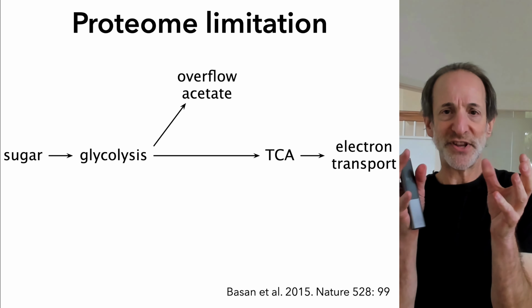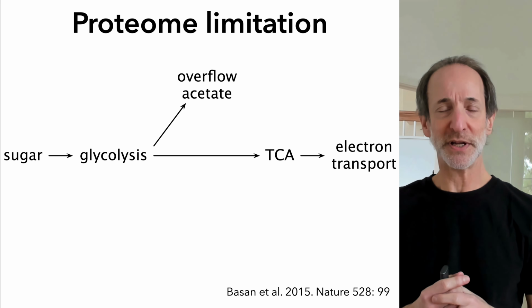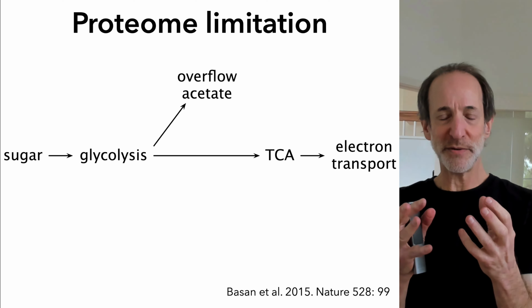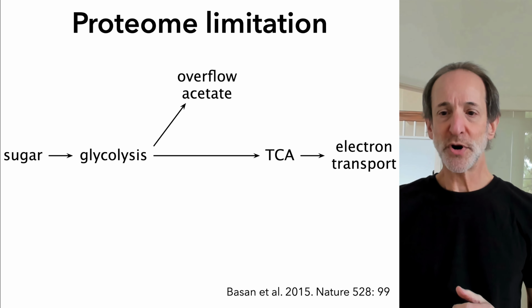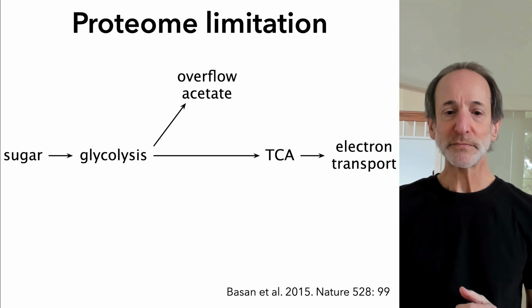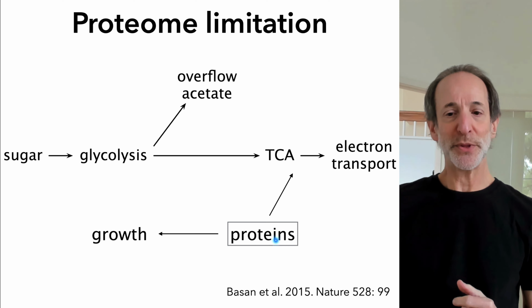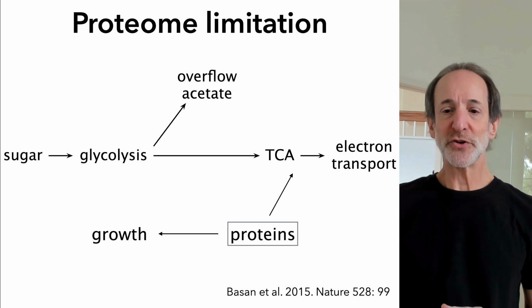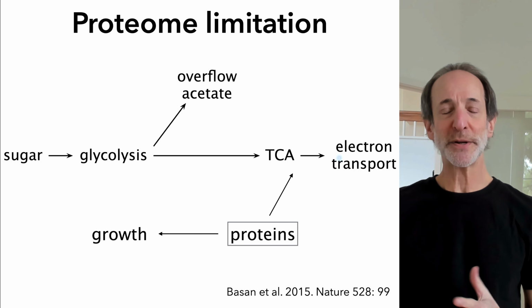The idea is that cells can only contain a certain amount of protein. There's a limit on how much protein a cell can contain, because there's a limit on the volume of a cell. And this protein limitation then works as follows. Proteins are limiting. There's a certain amount that can be allocated. Some of those proteins can be allocated as catalysts that drive the TCA cycle, which drives electron transport.